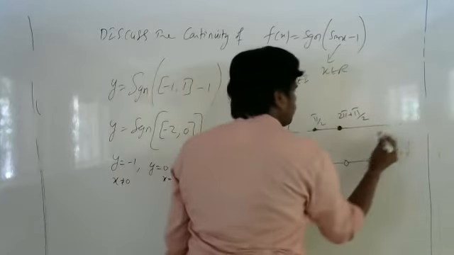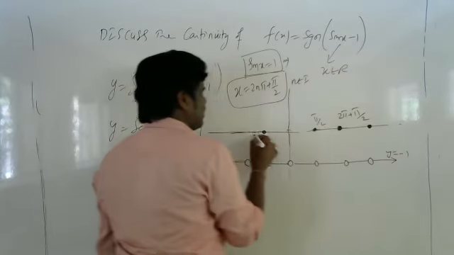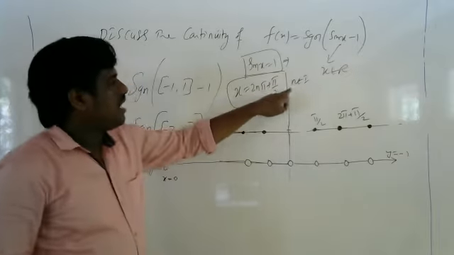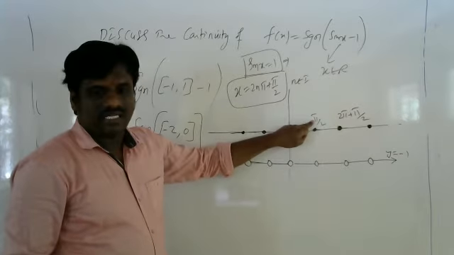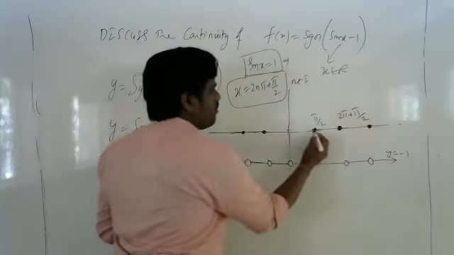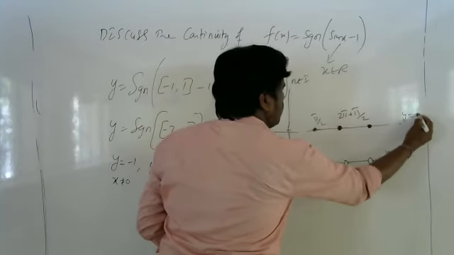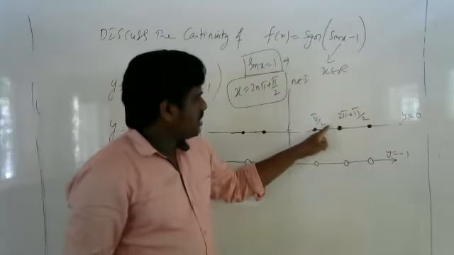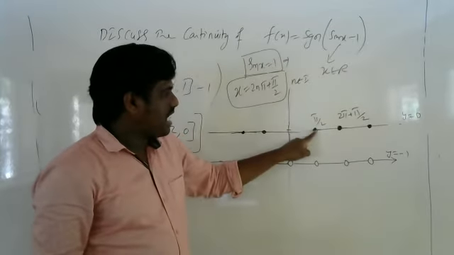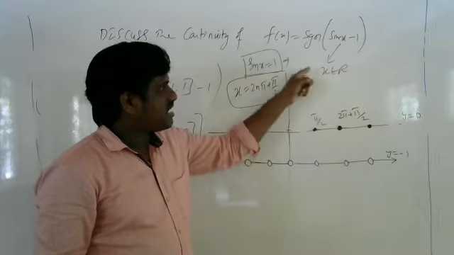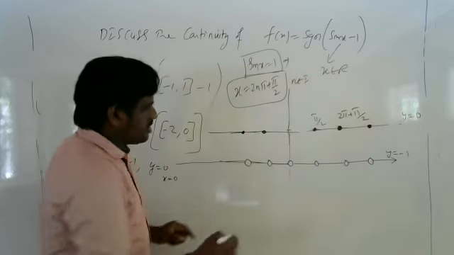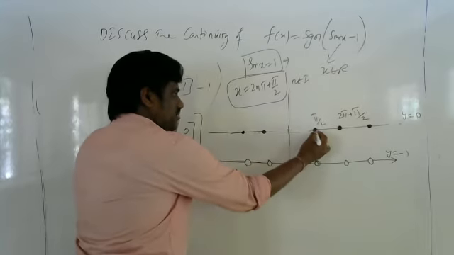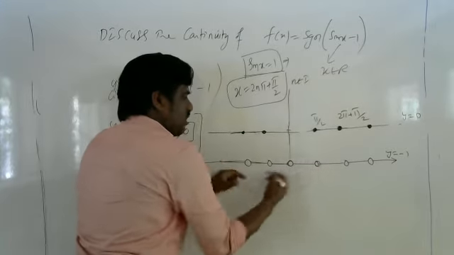Are you getting what I said? At these places, whenever sin x is equal to 1, the answer is on the top line, the y = 0 line. When sin x is not 1, the answer will be on the lower line.